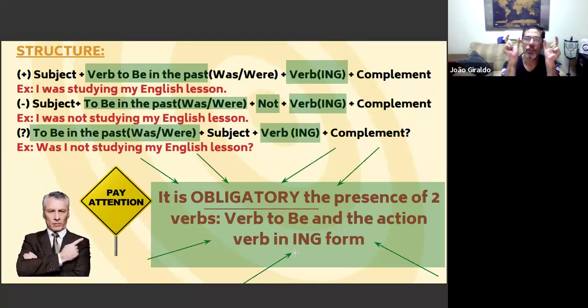So always together, the verb to be and the verb in ing. I was dancing, she was playing, we were studying, they were dancing. Every time, obligatory in your sentence, the verb to be in the past and your verb in ing.